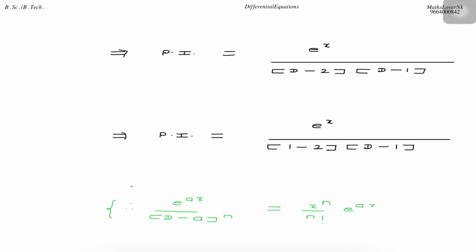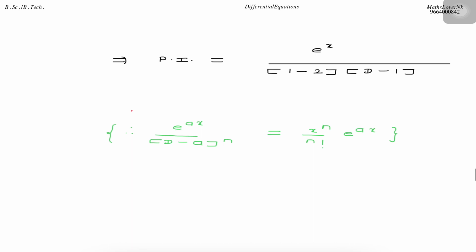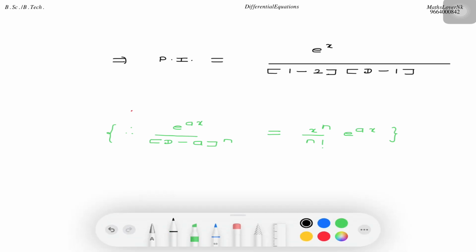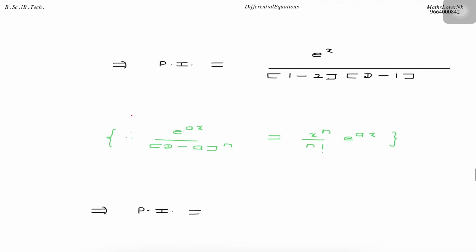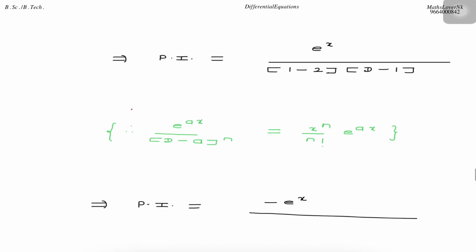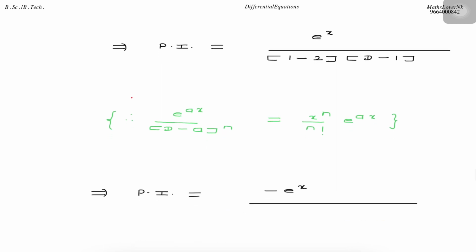Now PI is equal to e the power x upon (1 minus 2), because 1 minus 2 is minus 1, and (D minus 1) is (D minus 1) the power n, so we write (D minus 1) the power 1.